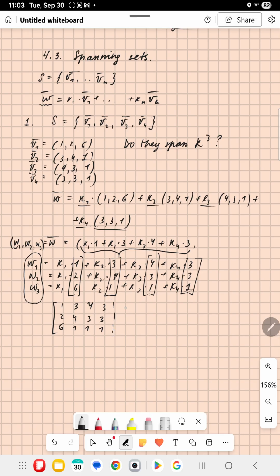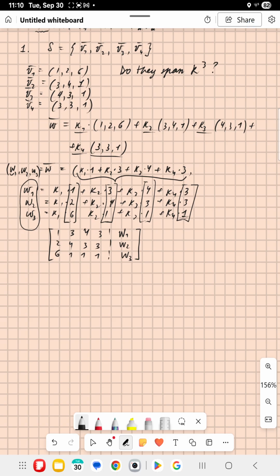And that's the augmented matrix, right? I don't know what W1, W2, and W3 are going to be, but we're supposed to find out if we can find K1, K2, K3 which satisfy any of these W's, right? Okay.